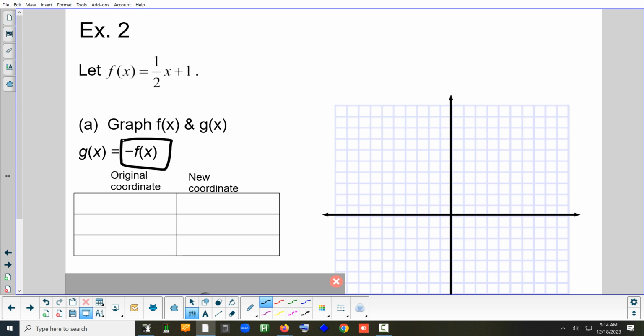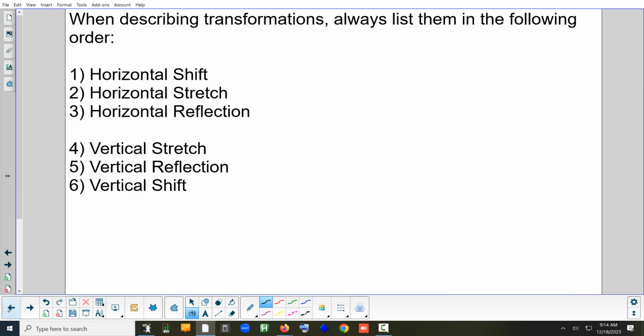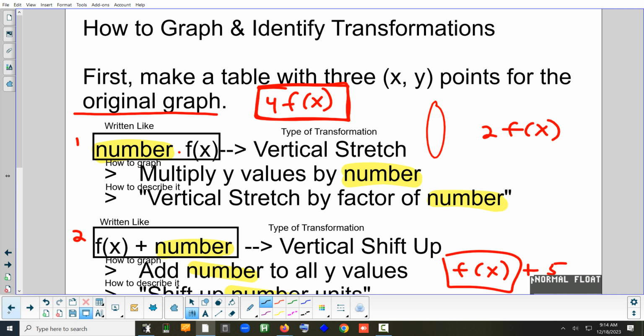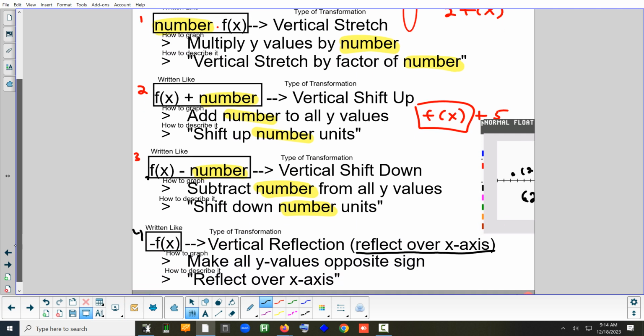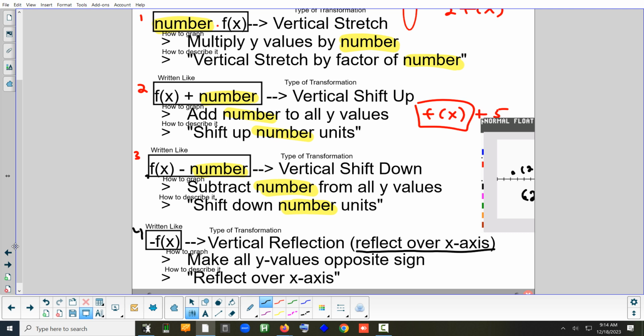Can you say a little more? Like, let's match it up with one of these boxes. Which one of those does it look like? 1, 2, 3, or 4? 4. Yeah, so that's box 4. It's where you have a negative symbol in the front. What did we say that a negative symbol in the front does?